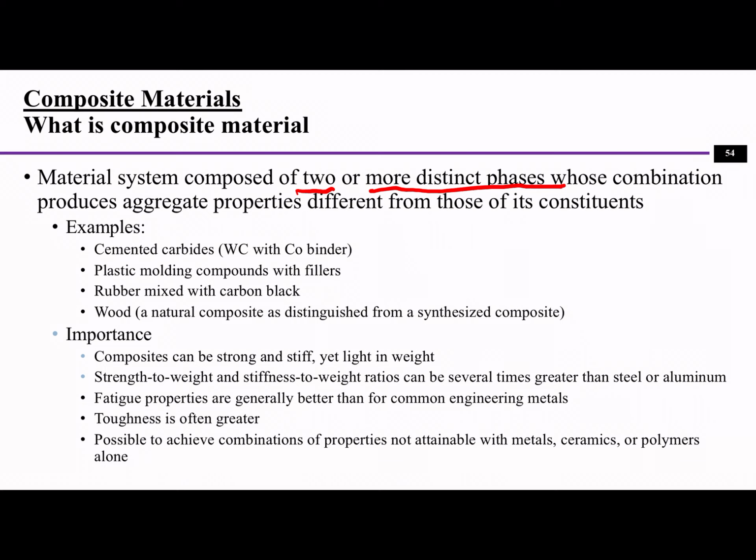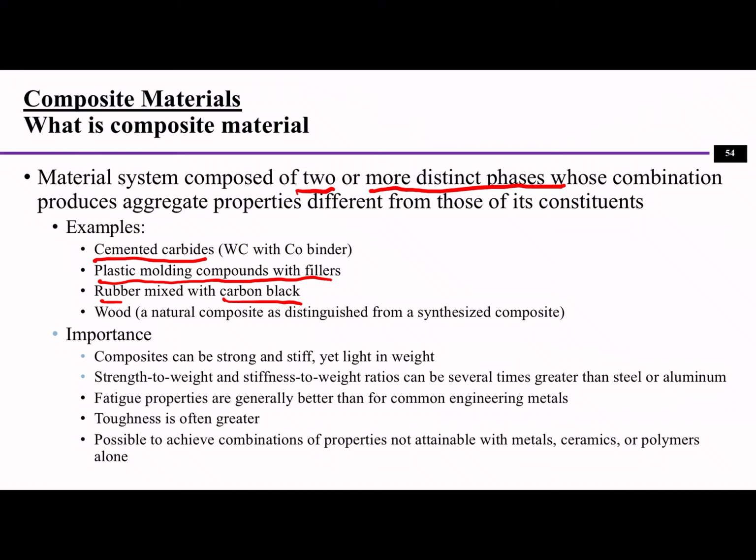We put them together because we want to create a material system that has the advantages of both properties. Some examples would be ceramic carbides, plastic molding components with fillers, and rubber mixed with carbon black. For example, when we are making tires, it's a composite material, but a little more complex than just rubber with carbon black.